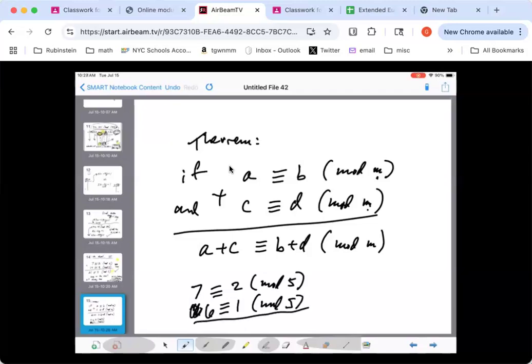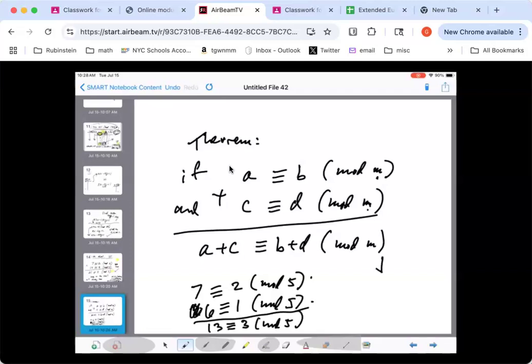So when you put them together, the way I see it is the 7 has 2 guys left over and the 6 has 1 guy left over. So the 13 is definitely going to have 3 left over, like the 2 5s with the 3 left over. I'm just going to go informally.